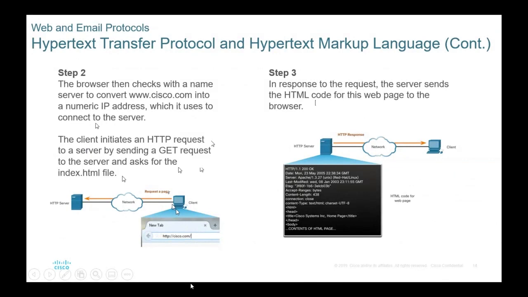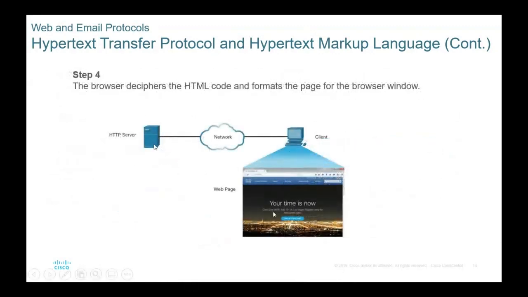Step 3, in response to the request, the server sends the HTML code for the web page. You can see that's all markup language in there. It's got these tags with the pointy brackets, and that's going to send it back, and then the client displays the web page in the browser as it is meant to be displayed. That's what happens. Step 1, 2, 3, 4.